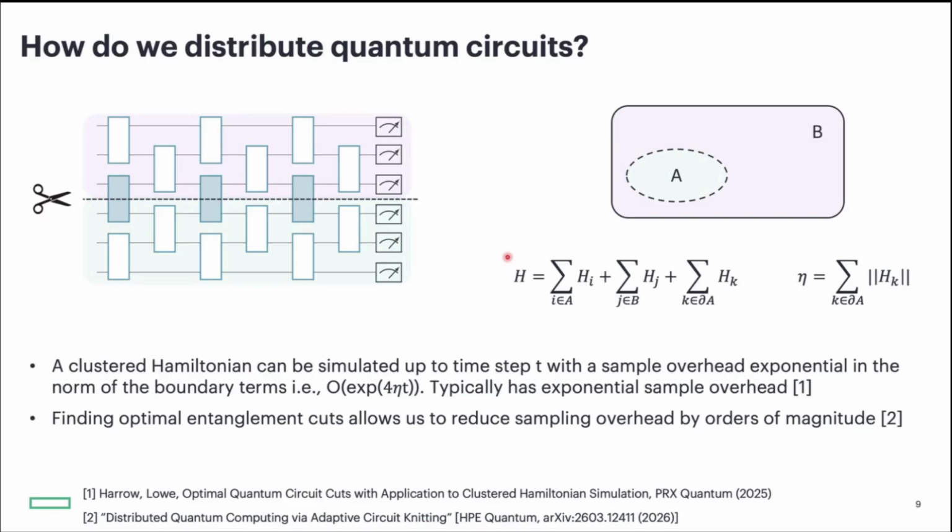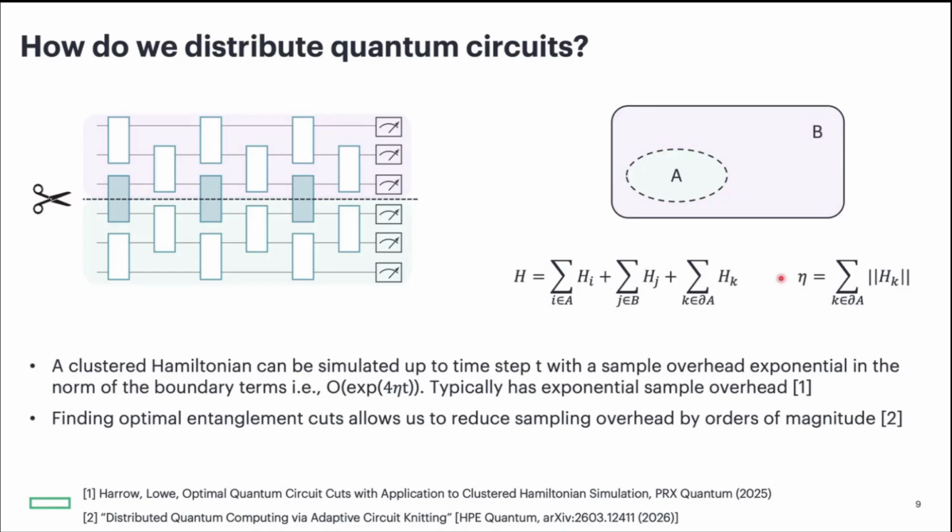So if I give you a Hamiltonian system, the quantum simulation overhead with circuit knitting shouldn't just be controlled by the number of 2-qubit gates. It should have something to do with the strength of coupling across the boundary, how much subsystem A talks with subsystem B. And so by doing a more careful analysis, you can show that the cost is exponential in this term eta, which is the strength of the boundary Hamiltonian, namely how much the two subsystems talk to each other.